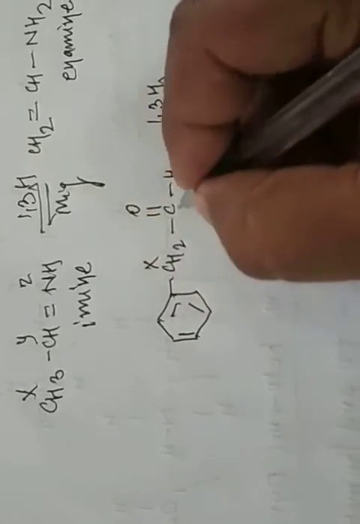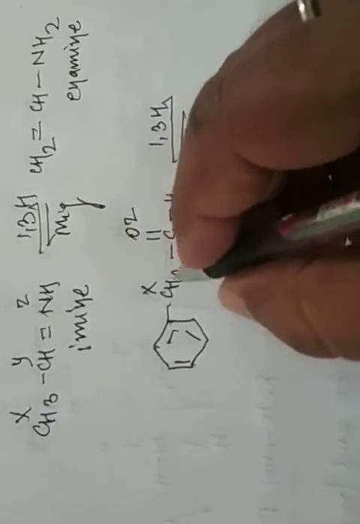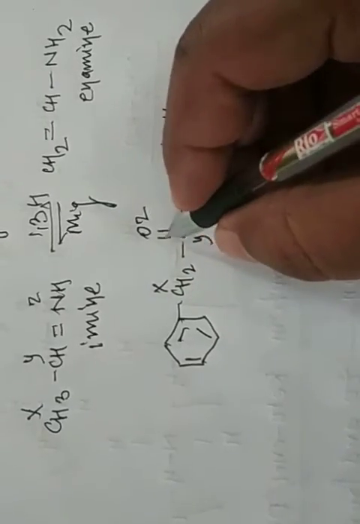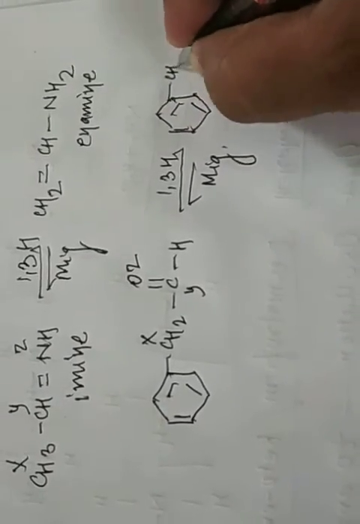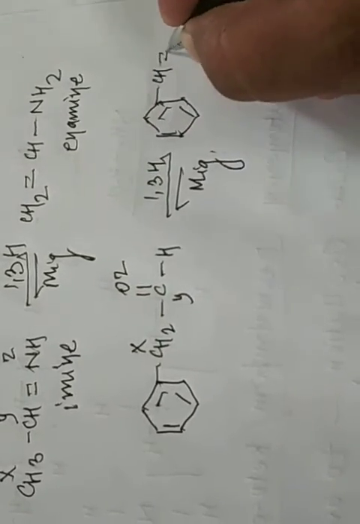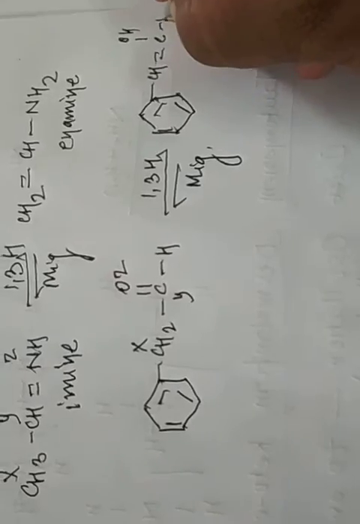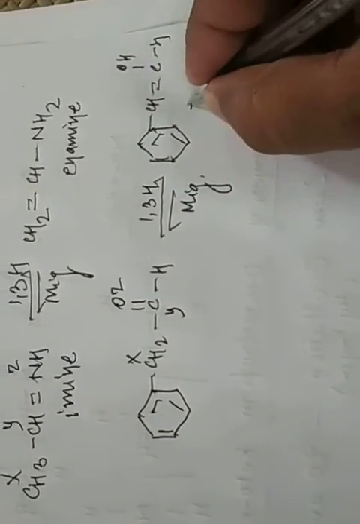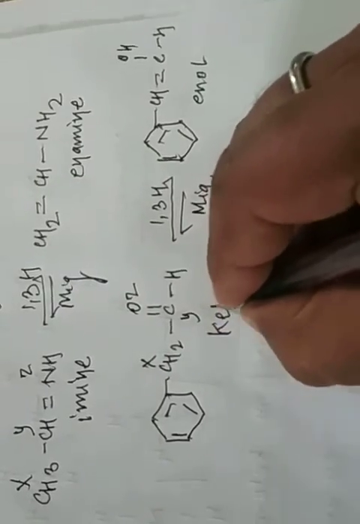X is this, then Y, then Z. One hydrogen from the X carbon shifts to this side and the double bond shifts to that side. There is no effect on the cyclic structure, and there is a CH and the double bond shifts to this side, double bond carbon and single bond OH. Clear? This is again double bond ene and OH ol, and there is a ketonic group, it means keto group.